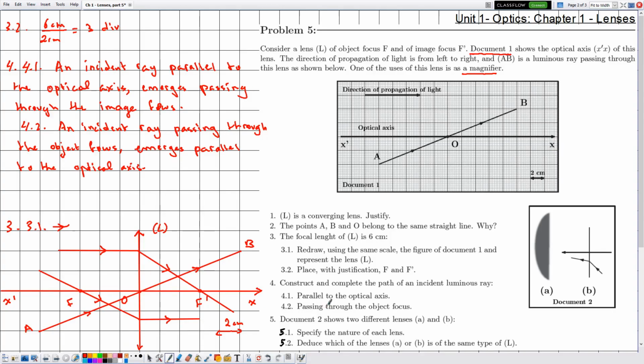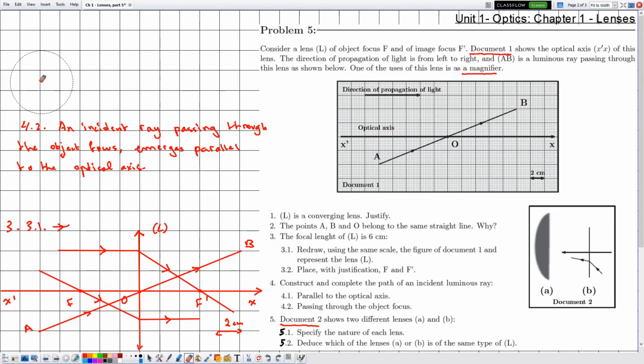Okay, they mentioned document 2, so now I can use document 2. It shows two different lenses A and B. In 5.1 they are telling me to specify the nature of each lens. So 5.1.